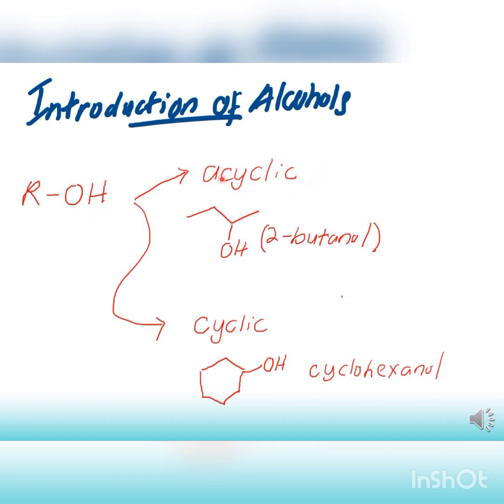The first is known as acyclic. Acyclic is when the open chain is attached with at least one hydroxyl group. An example is 2-butanol. Meanwhile, cyclic is the closed structure bonded with a hydroxyl group. An example is cyclohexanol.